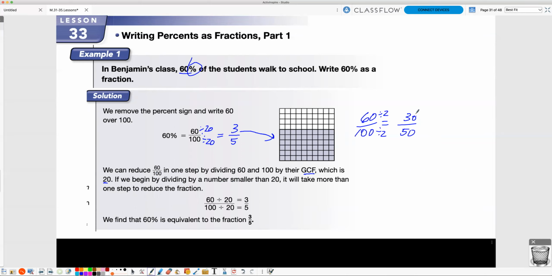And here I could cancel those zeros out, and I'd end up with 3/5, because if I divided 30 by 10, I would get 3, and 50 divided by 10 would get me 5. So I'd still get there.